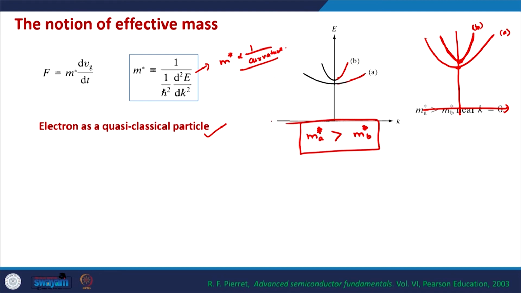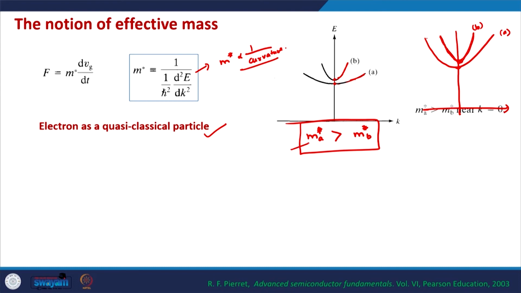So, electrons behave differently in these two different bands, although their energies are quite similar. The energy of an electron at the bottom of band A and the energy of an electron at the bottom of band B are almost the same, very close to each other, but they behave differently when a force is applied on the system.